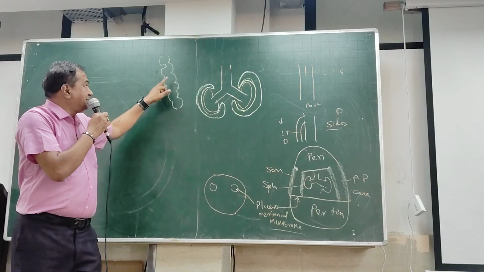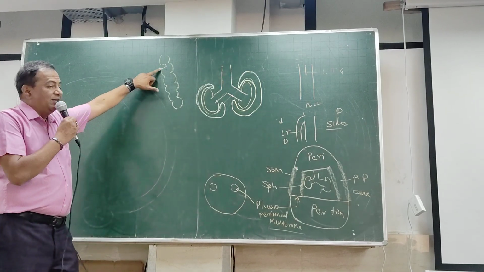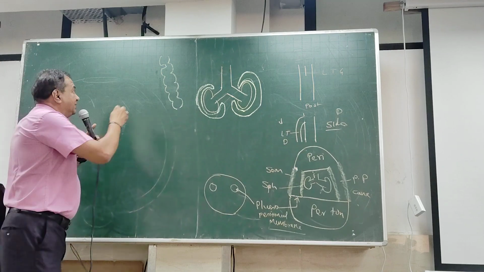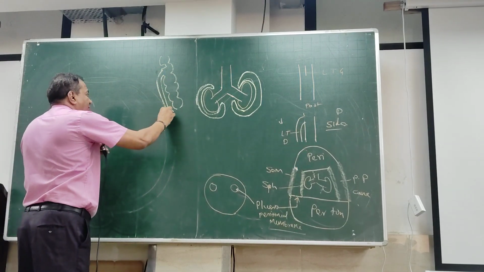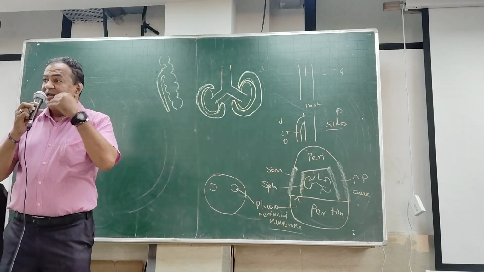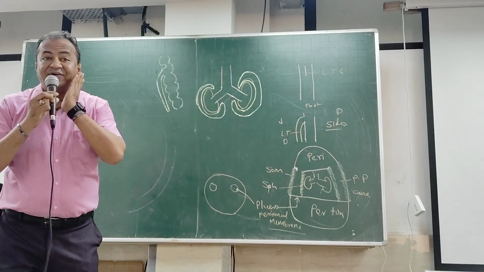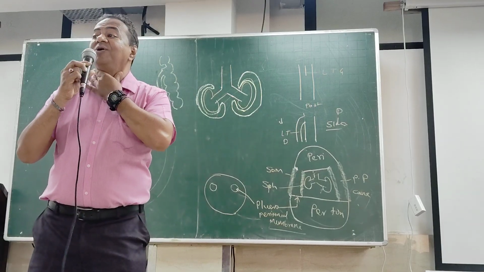Only the first cleft formed the external auditory canal over here. The second arch overgrows and buries all the cleft, and that's how our neck becomes smooth.